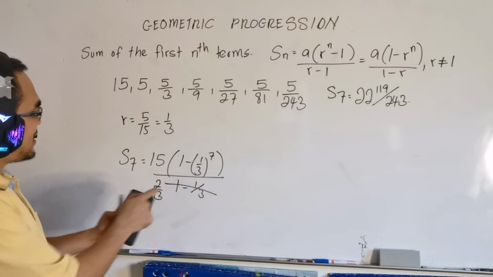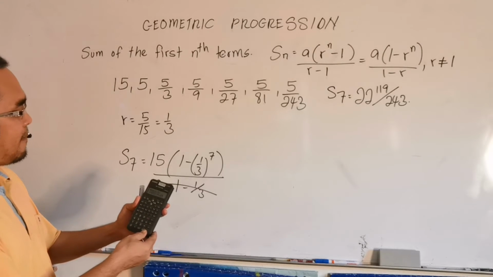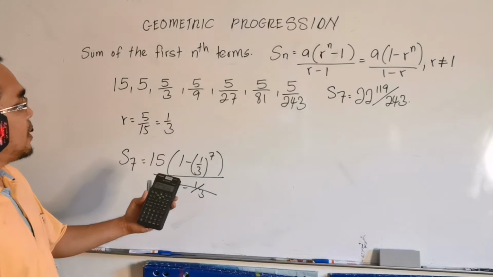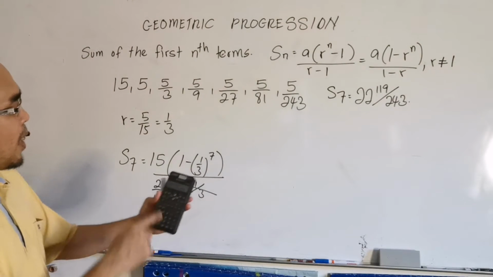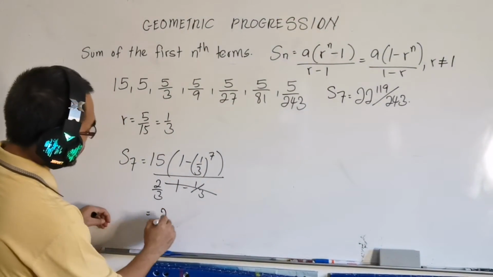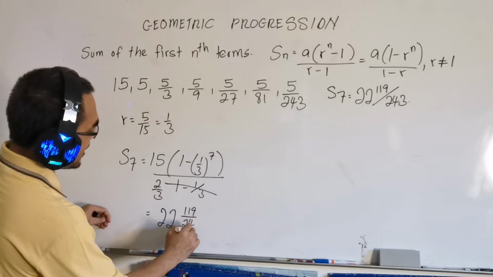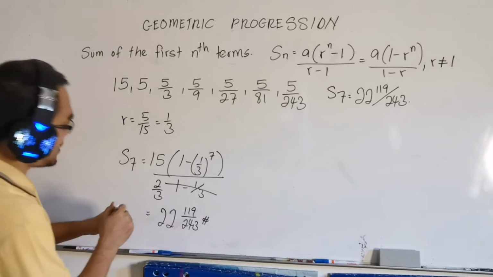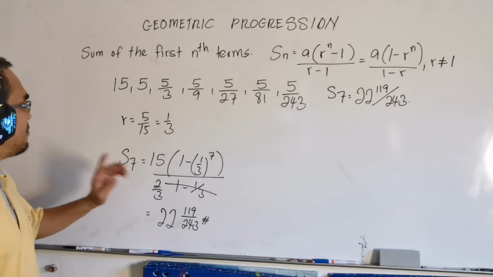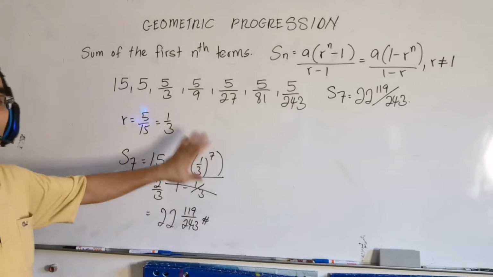Now divide by 2/3, and we get 22.48. Make sure you change to a fraction, so you still get 22 119/243. It is the same answer that we calculated manually. So even if the number of terms is 100, it's still easy to calculate.